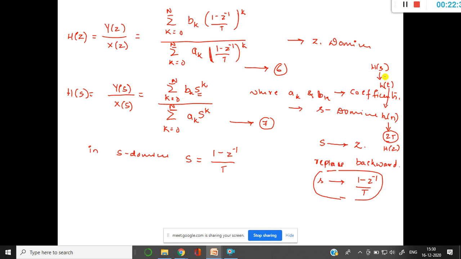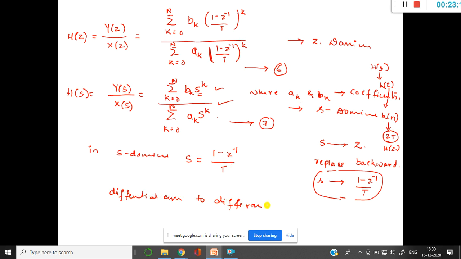But here in this case, I am trying to represent the system in the form of differential equations, and the Laplace transform of that differential equation, output to input, is going to be represented in this fashion. Later on I adopted the backward difference method in order to convert the differential equation to a difference equation.